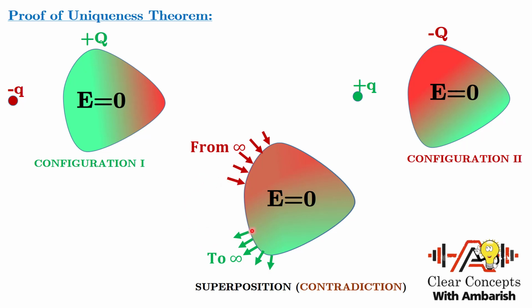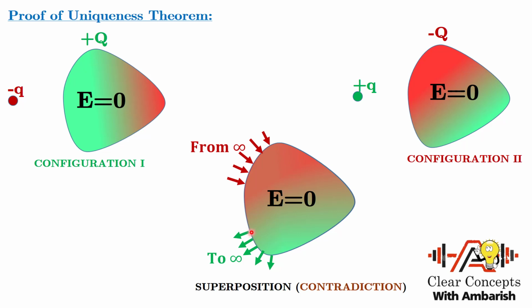Why? Because if you go along the field line, then the potential keeps on decreasing. So if this green field line goes somewhere and then returns back to the same conductor, that will lead to an infinite cycle. Why? Because that would mean that this conductor is at a lower potential than itself, which is a meaningless statement, right? What's the other option? The other option is that this field line goes to infinity and these red field lines come from infinity, but again there's an infinite regression.